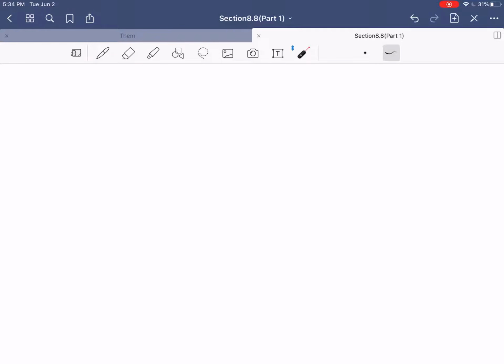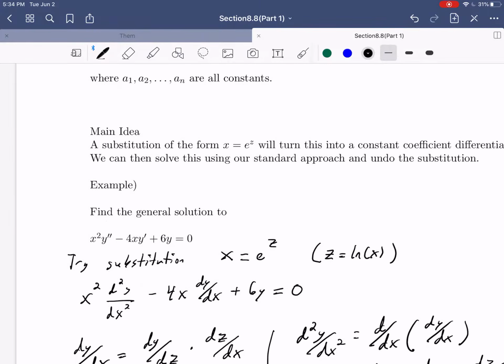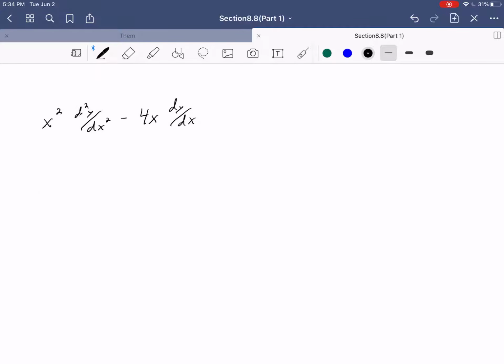We originally had this as our differential equation. I'm just going to take a moment to rewrite it. Minus 4x dy dx, and then plus 6y equals 0.